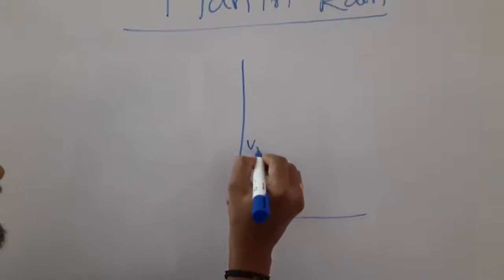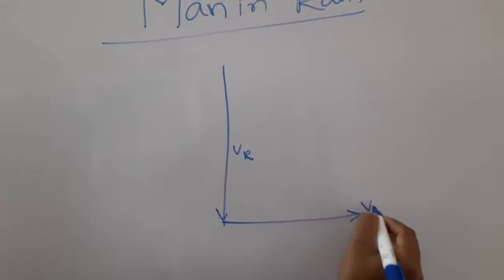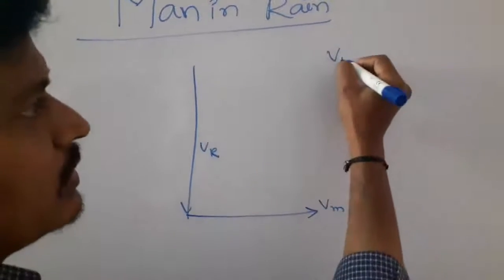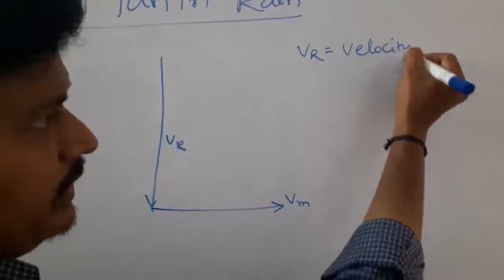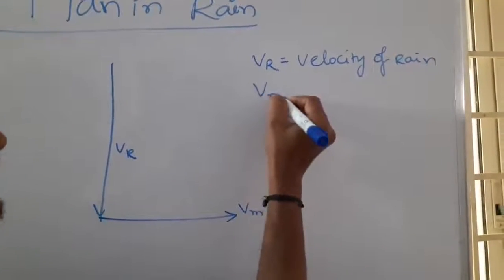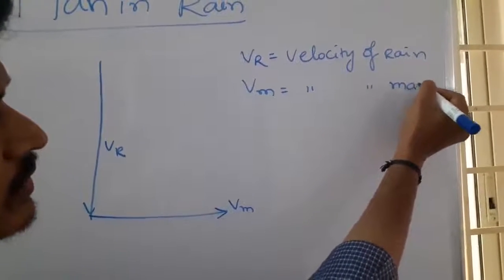This is the velocity of the rain direction. The man's velocity is Vm. So, Vr is equal to the velocity of rain, and Vm is equal to the velocity of man.